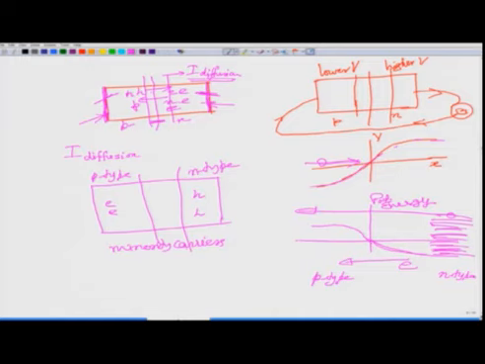So, the electrons will go from this side to that side because of this electric field, the holes will go from this side to that side because the electric field will support that, and this current will be prompted by the electric field, and this is known as drift current.